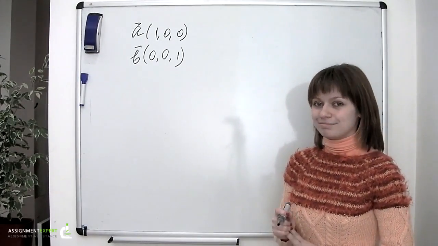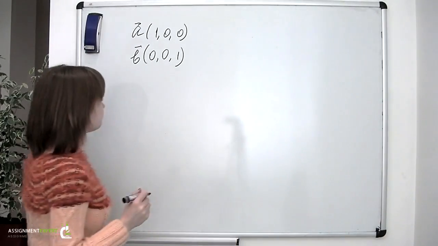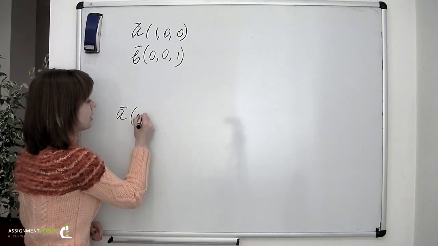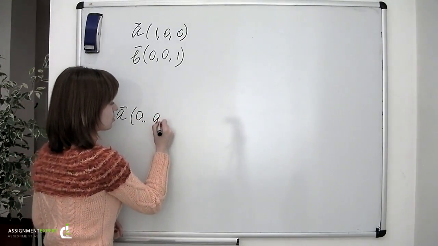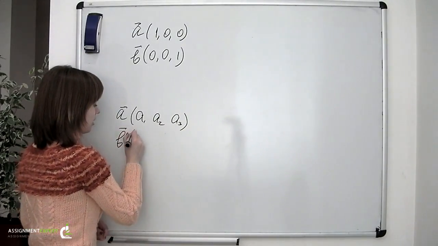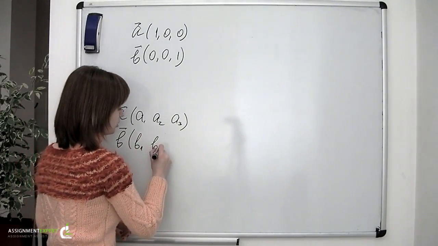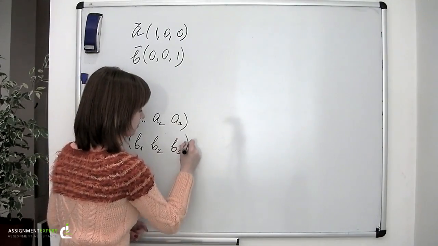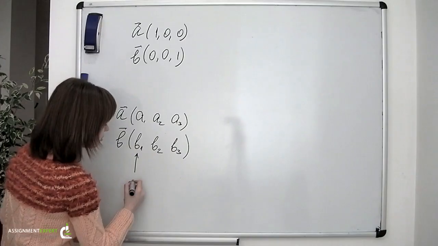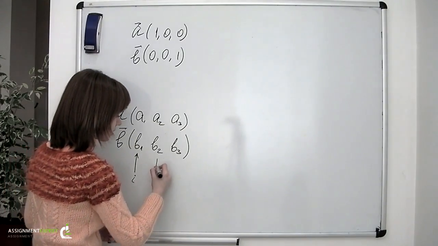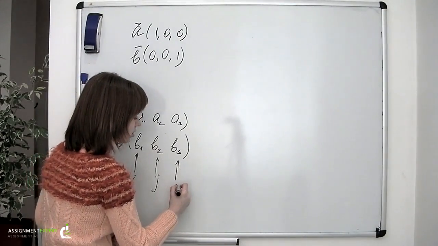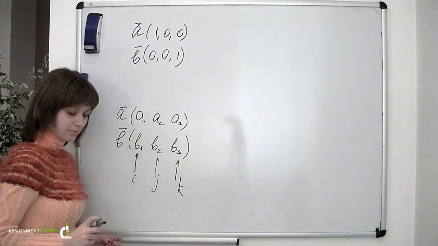3 determinant. Let's see. Suppose we have two vectors, A and B, with the components A1, A2, A3, and B1, B2, B3. We might also recall that these components of the vectors are called the I components, these are called the J components, and these are called the K components.